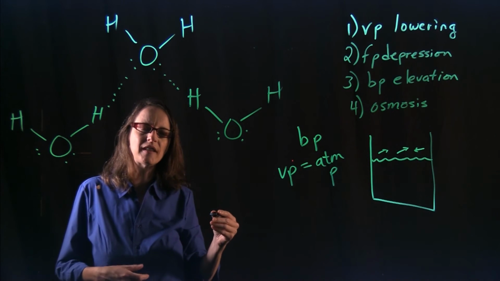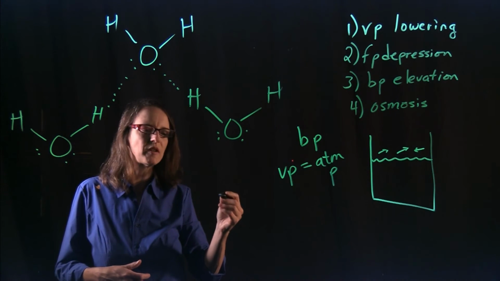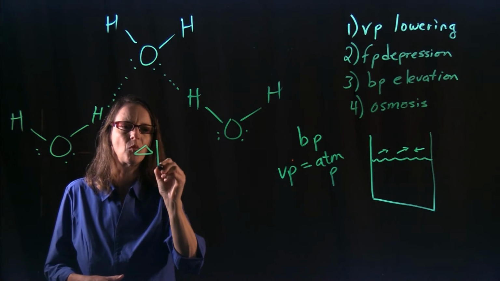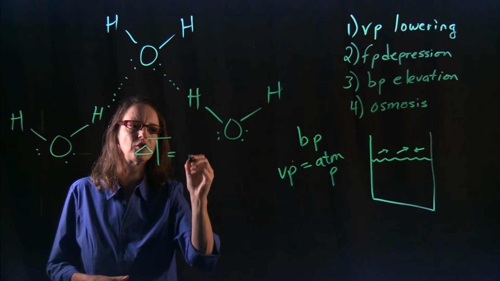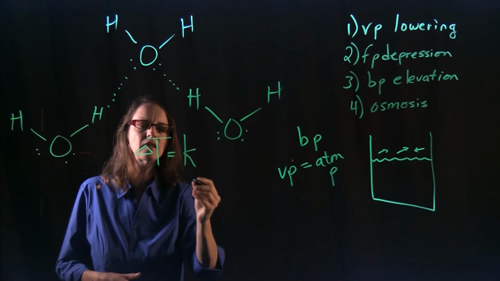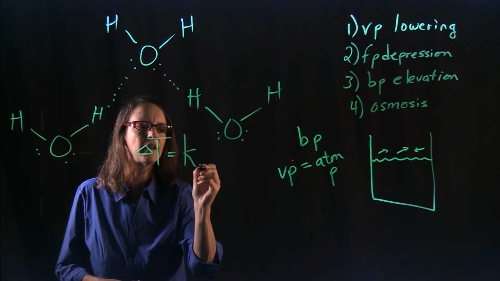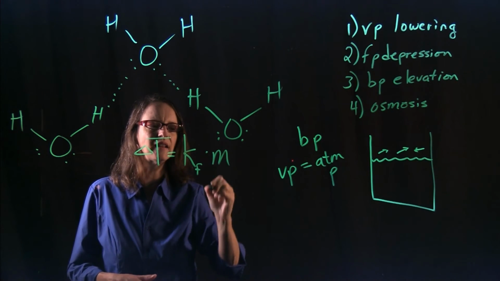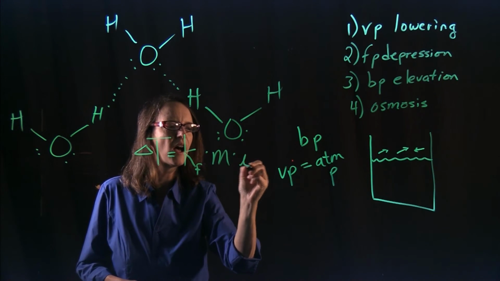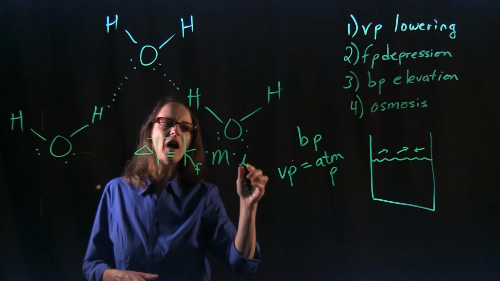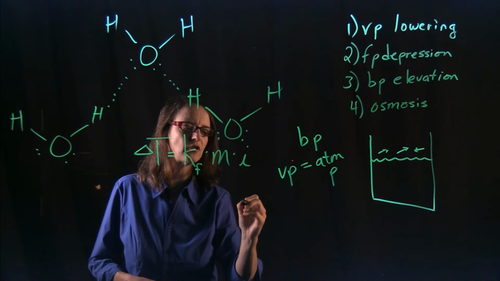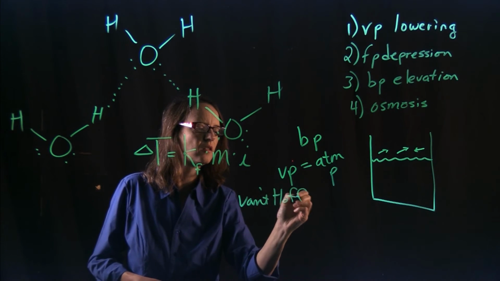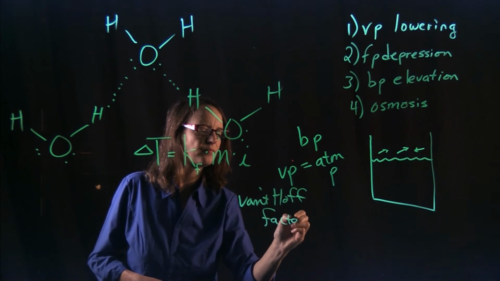The equations that describe freezing point depression and boiling point elevation look very similar to one another. Change in temperature is equal to a constant, and we'll talk about freezing point right now, a constant for the solvent, times the molality, times i, which is called the Van 't Hoff factor.